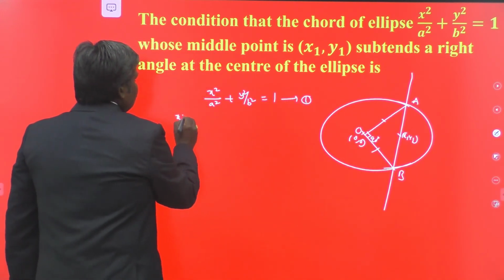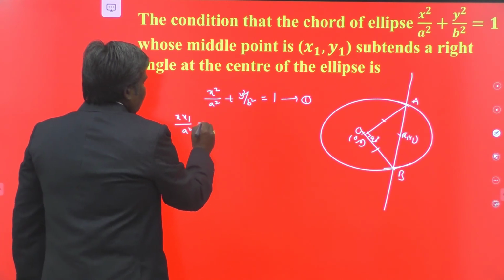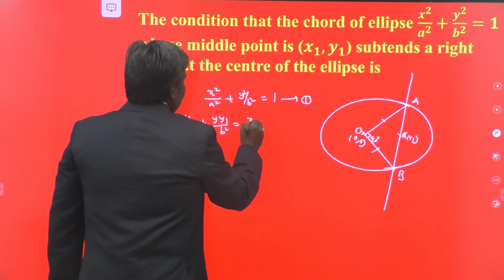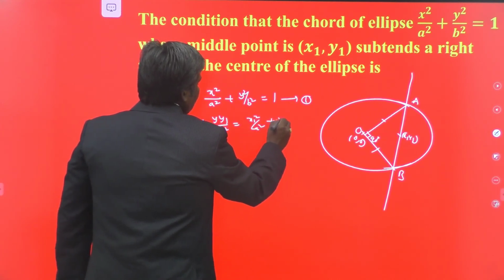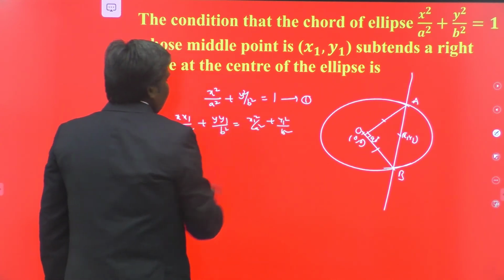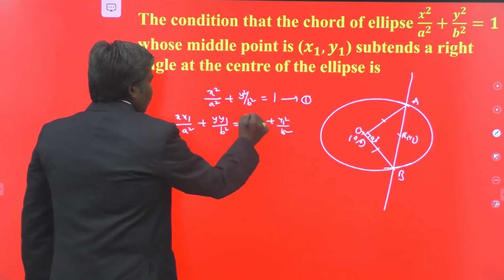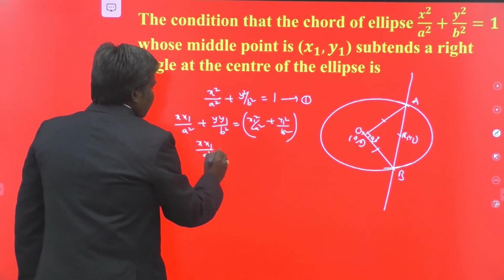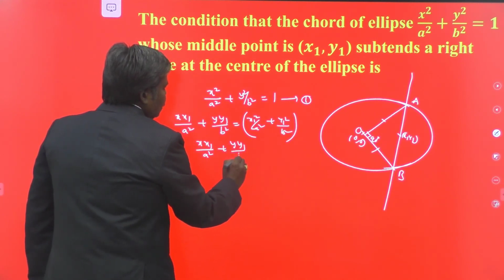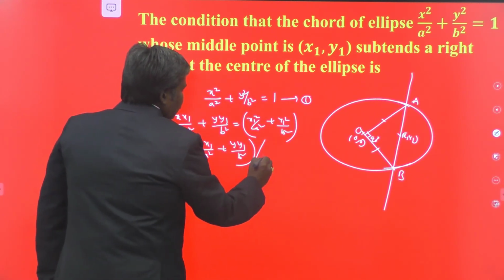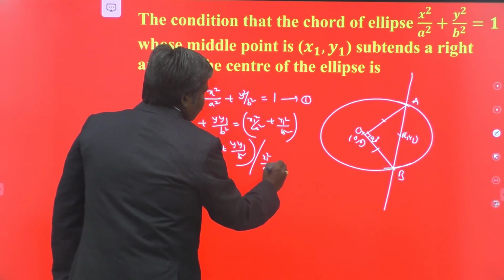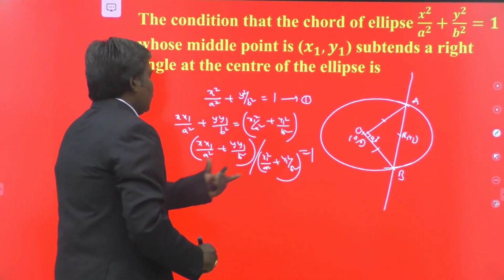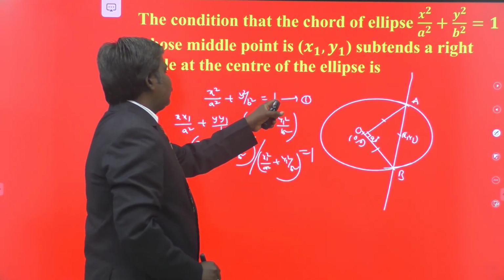The chord with midpoint is what? xx1/a² + yy1/b² = x1²/a² + y1²/b². Minus 1 cancel. So you take this constant into the denominator. We obtain (xx1/a² + yy1/b²)/(x1²/a² + y1²/b²) = 1. Instead of this one, you have to write 1 squared.